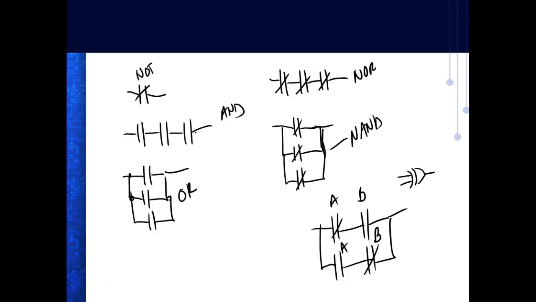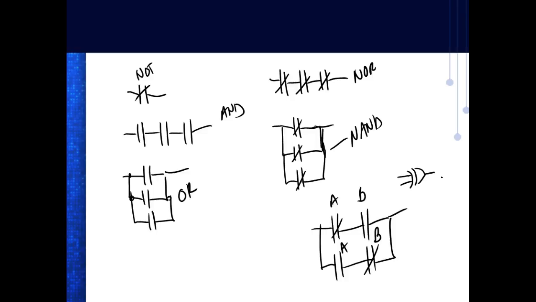Tons. We can have many per rung. Okay, how many contacts can I do for an exclusive OR or an exclusive NOR? Two. You see? Because these guys are comparators, so we can tell what's going on.